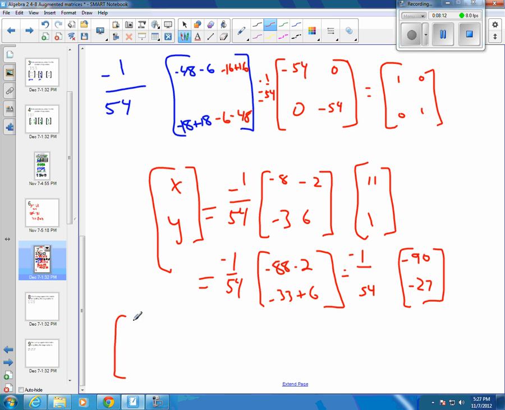So we know that our x, y matrix is equal to, well, negative times the negative is a positive, so that's going to be 90 over 54. And negative times a negative is positive, so that's going to be 27 over 54. And 90 over 54 reduces all the way down to 5/3.